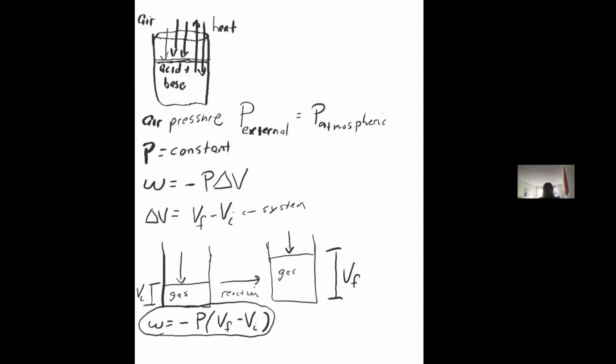Now, I do want to make sure that when you do these problems, you get the right number. There's a little conversion factor here. The reason is that pressure is typically given in units of atmospheres. We haven't talked about gases yet. We're going to go through pressure conversions when we talk about chapter 10. Volume is typically in liters.